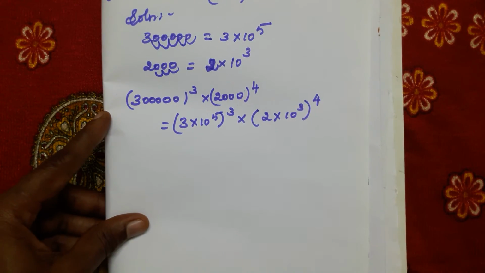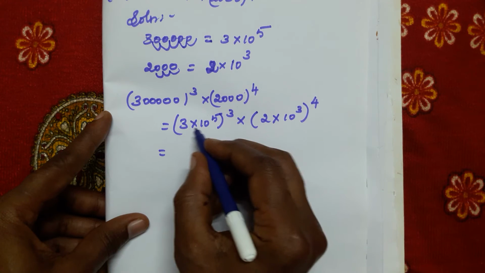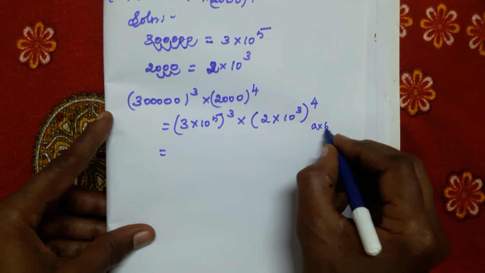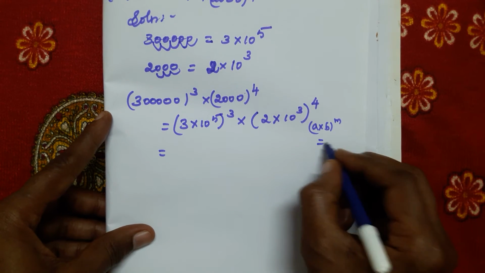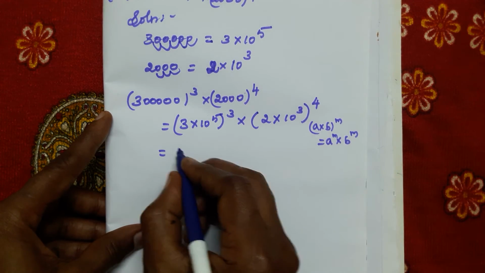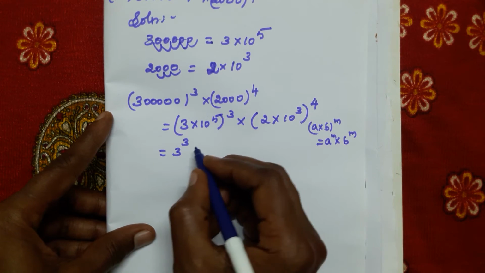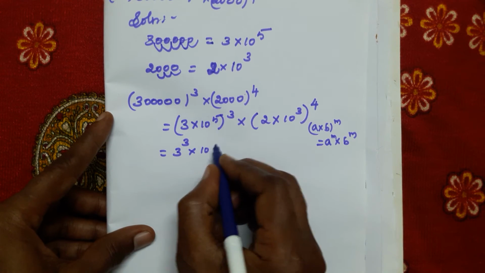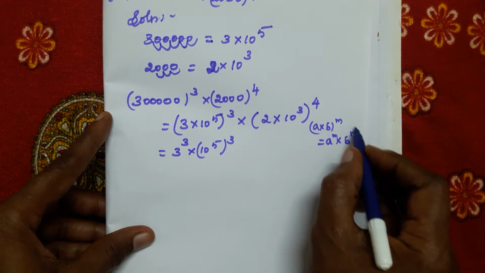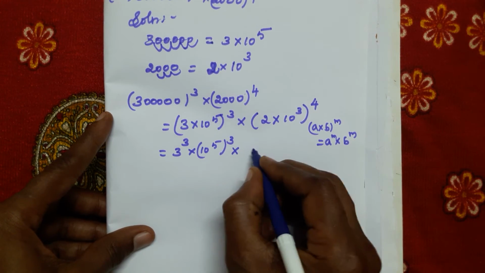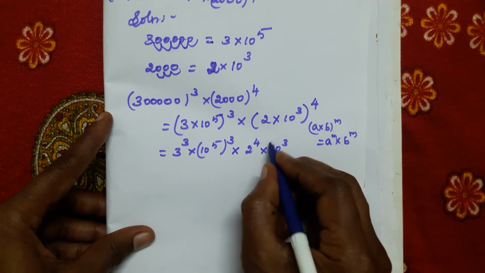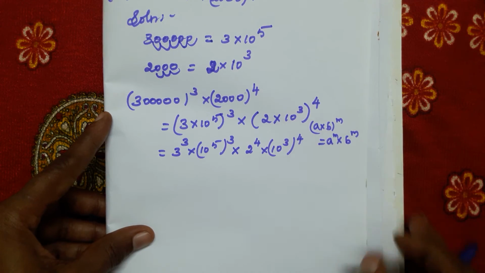Clear? Now, same as the previous problem, (a into b)^m is equal to a^m into b^m. Using that, we get 3 power 3 into 10 power 5 the whole power 3, and 2 power 4 into 10 power 3 the whole power 4.